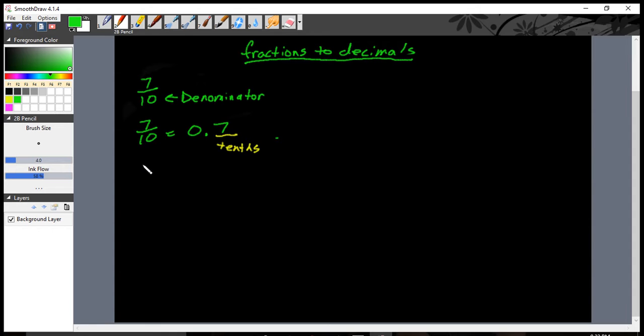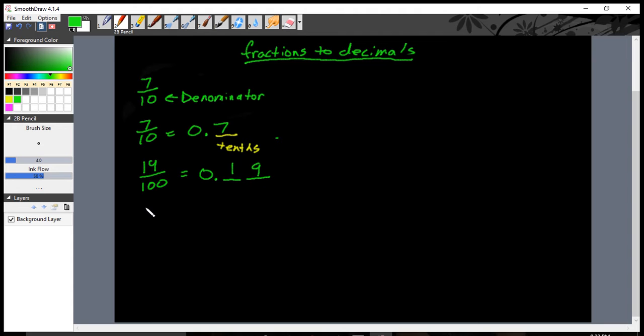If we looked at another number with a 100 in the denominator, so 19/100, we could write that as 0. This is our tenths spot and our hundredths spot. We could just write 19 in this space, 19 hundredths.